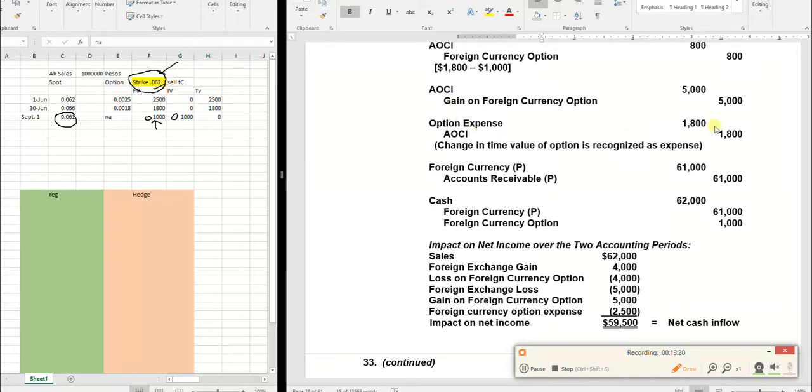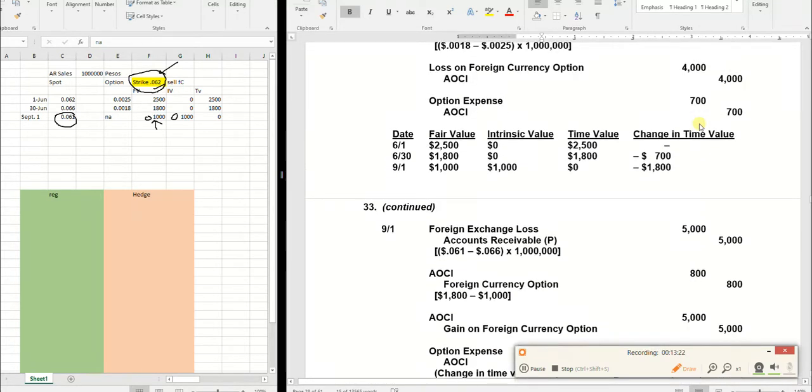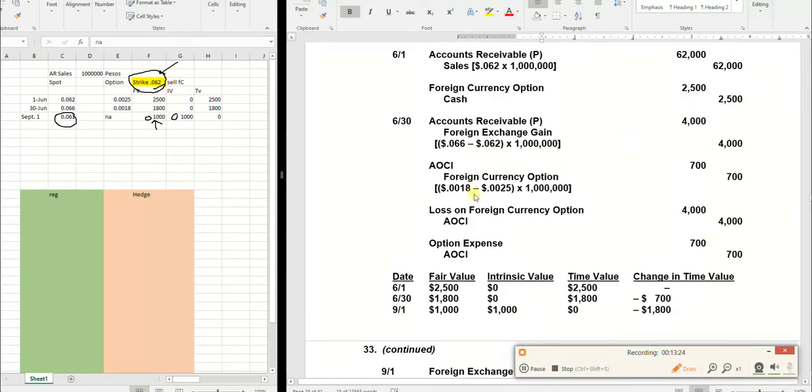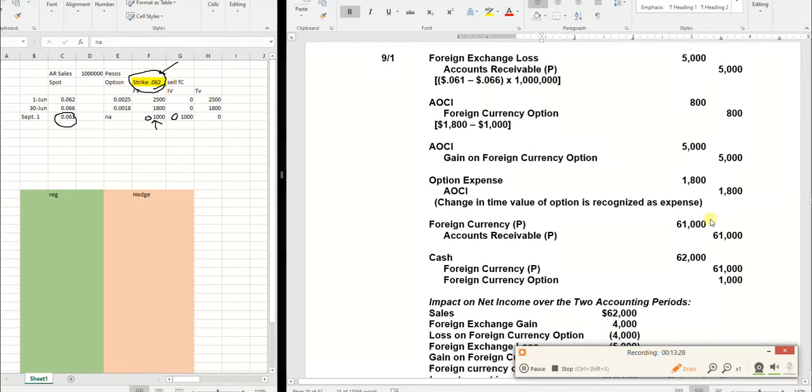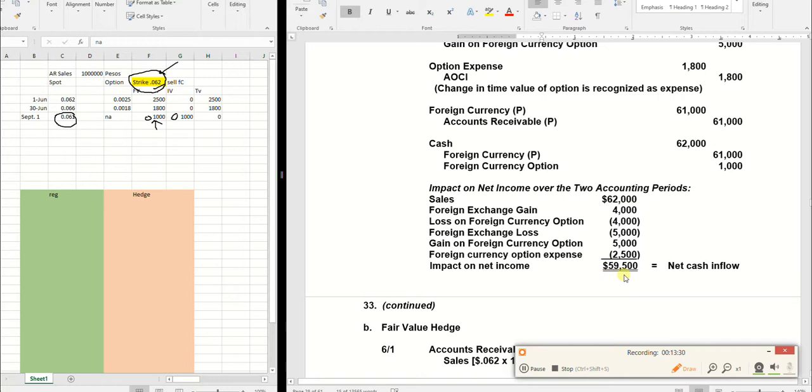So right here, $1,800 in that one, and $700 in that one. Okay. And so the total cash inflows of $59,500. Again, I say that with the caveat that they didn't put a cost of goods sold in here, which would be an impact on net income.